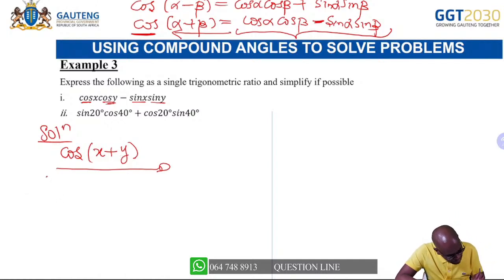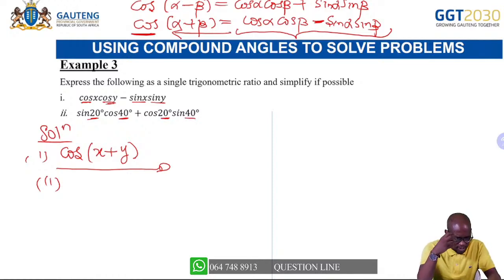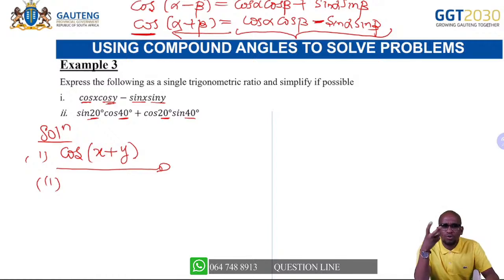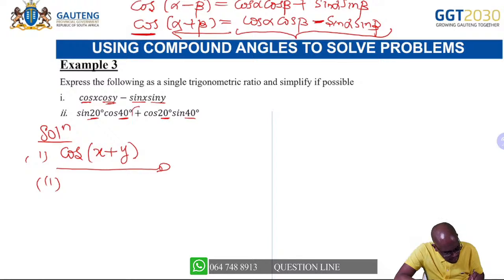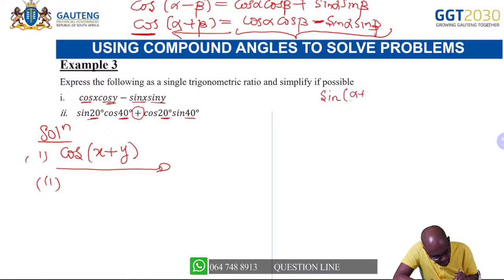So the second one, number 1, it's sine 20 cos 40 plus cos 20 sine 40. So this one is given in the form of sine cos, cos sine. Because sine and cos alternate, it's a compound angle for sine and it's positive. Which means that we can look at the sine compound angle alpha plus beta as written in the formula sheet.